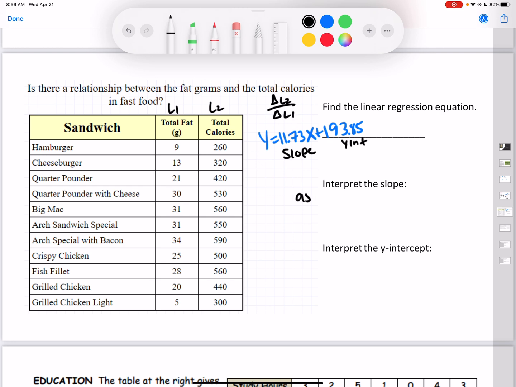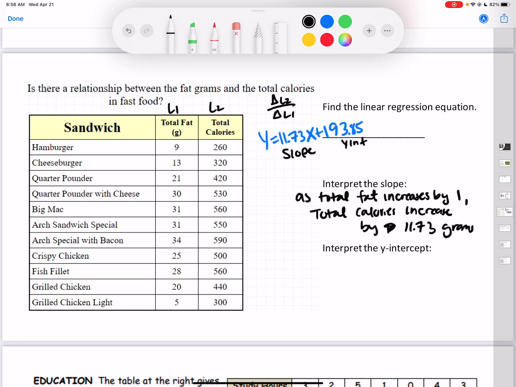So as total fat increases by a factor of 1, total calories increase by 11.73 grams. And if there are units, make sure that you include units in your interpretations.